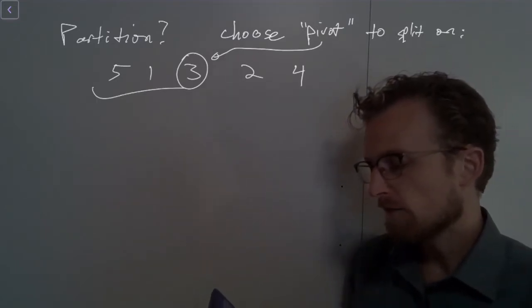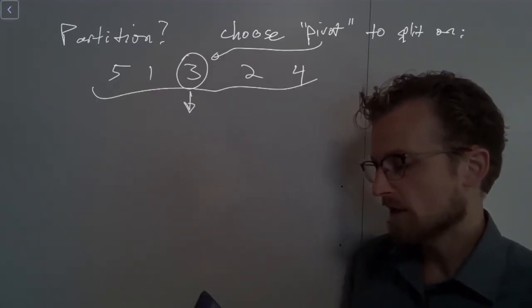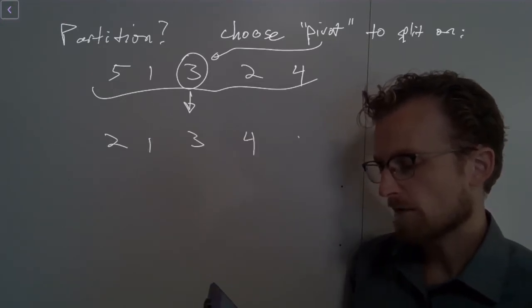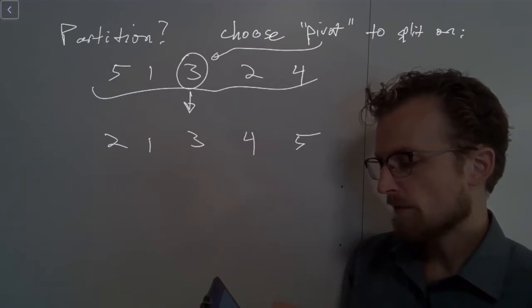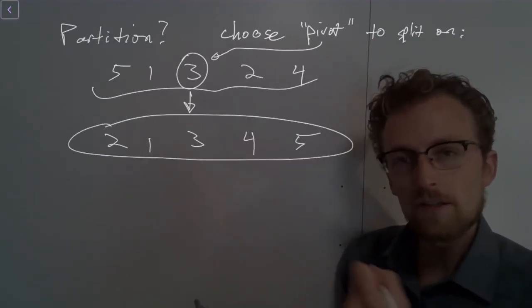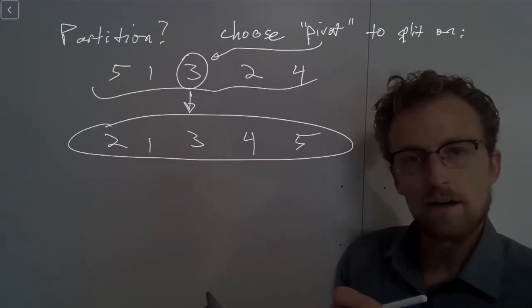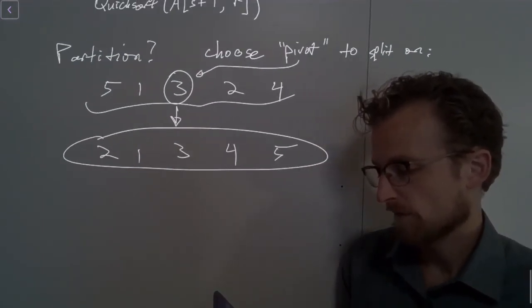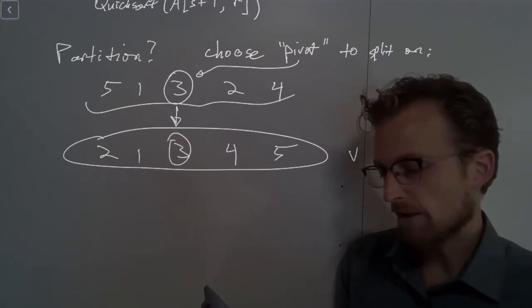So it might give me an output like 2, 1, 3, 4, 5. This would be a valid output, because everything to the left of the pivot is smaller than it, and everything to the right is larger.